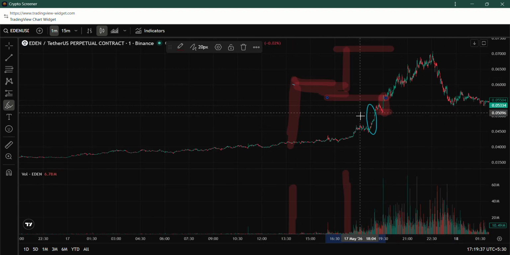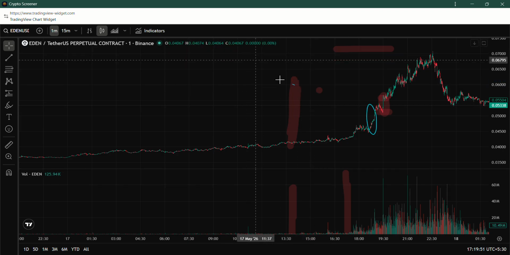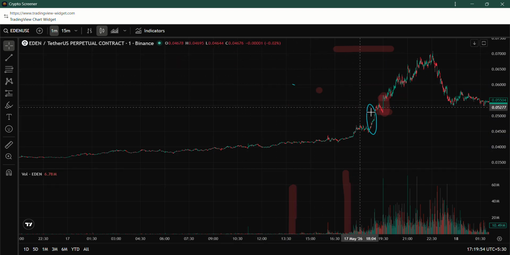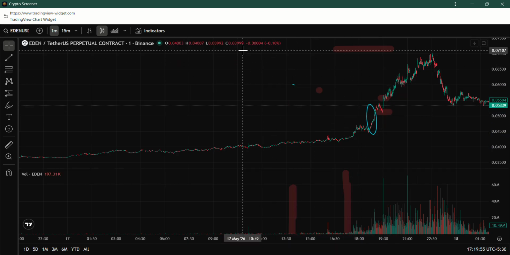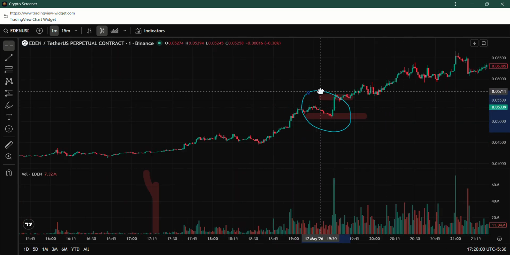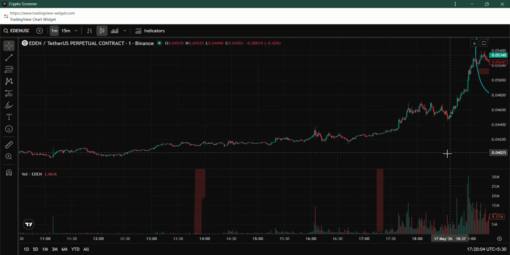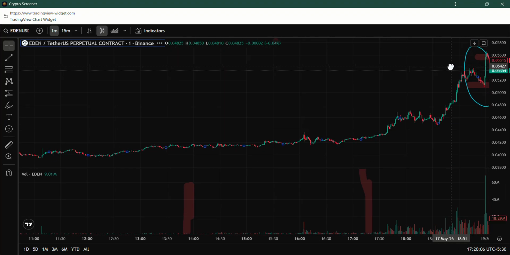A similar formation is found here, and I can show that. Here you can see that when volume came, price is rising.